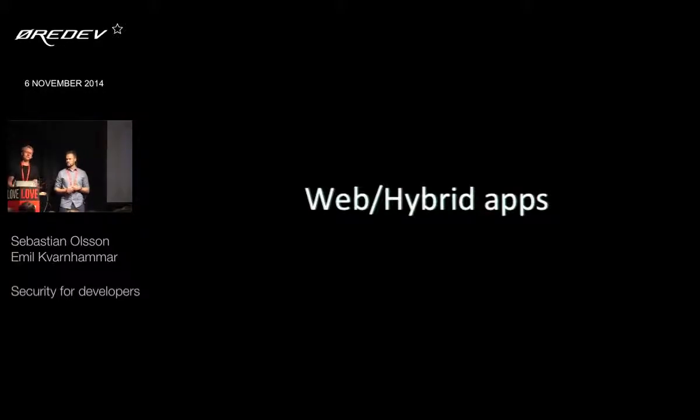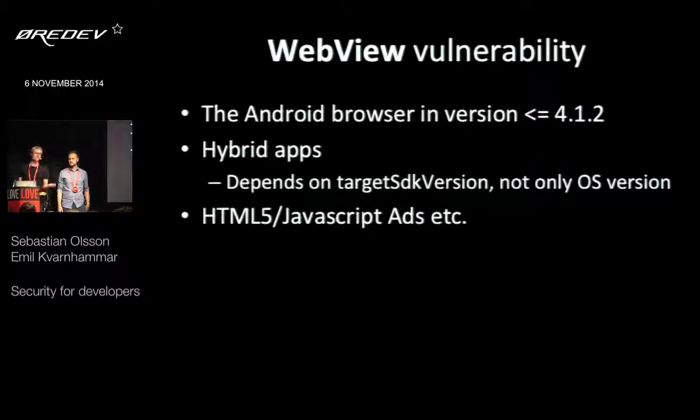So, about the last demo, we're going to talk a little bit about running web applications or hybrid applications in a mobile device. There is a vulnerability for the Android WebView. It actually affects the Android browser, which is implemented based on the WebView, up to version 4.1.2.